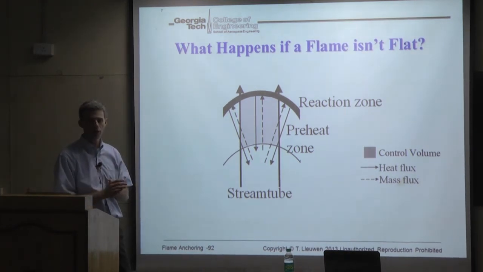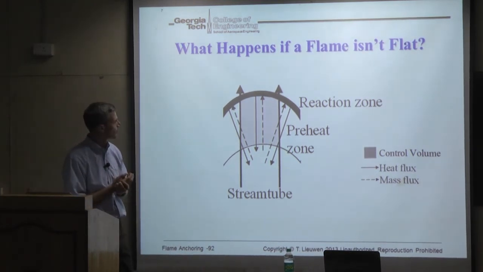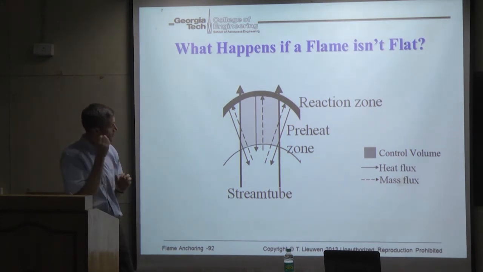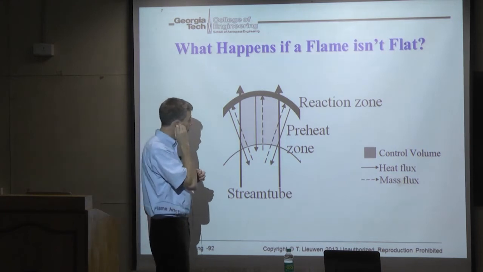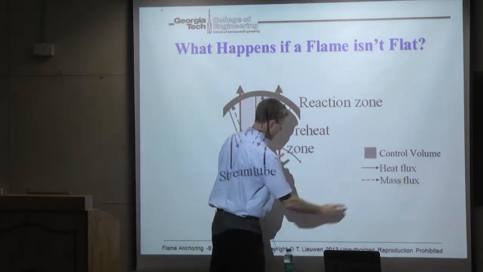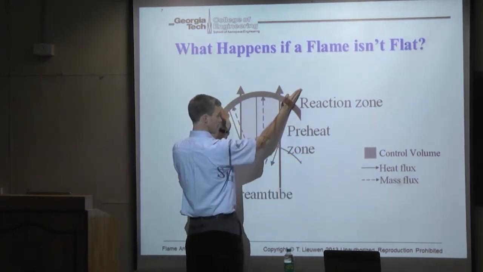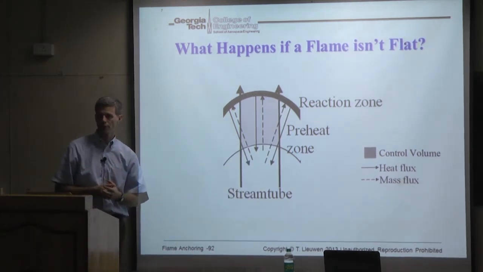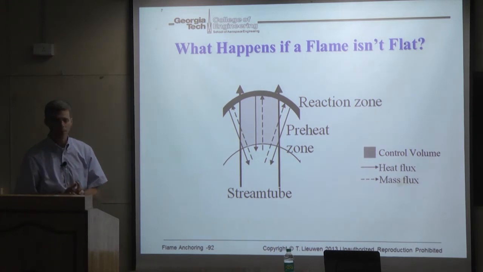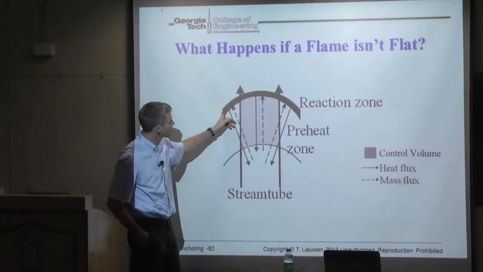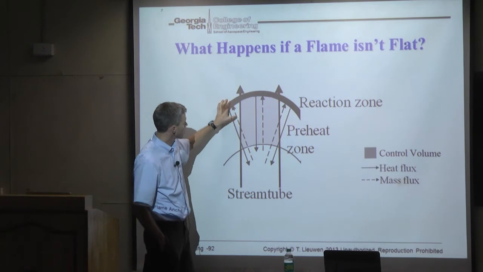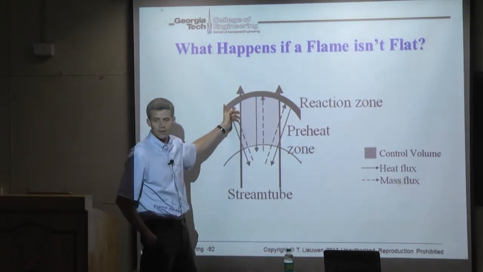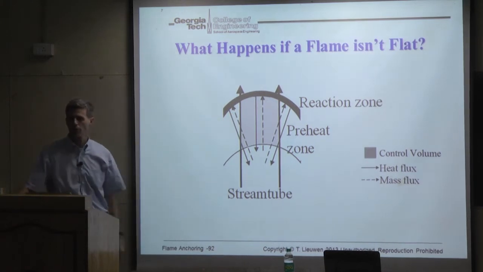Again, there's flux of reactants along lines that are normal to iso-species concentration lines. What I've drawn with this dashed line are lines of mass flux of your reactants. And you can see that also because of streamline curvature, you will actually create the situation where you're losing reactants outside your control volume.